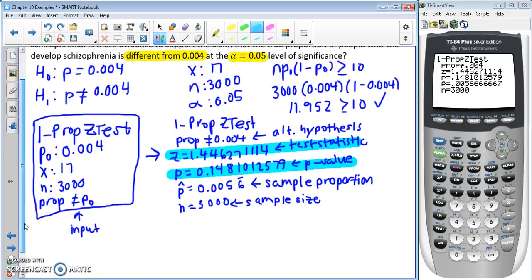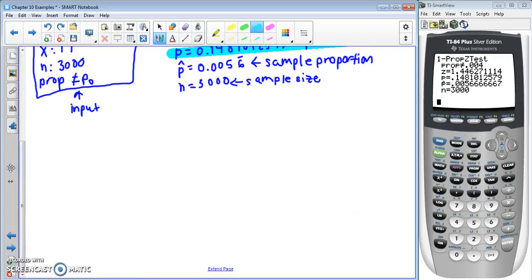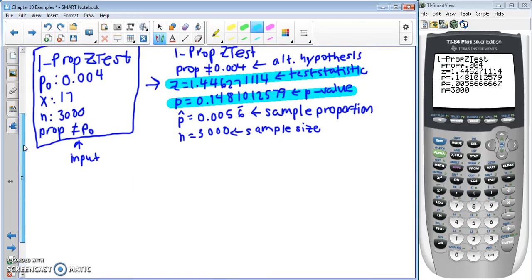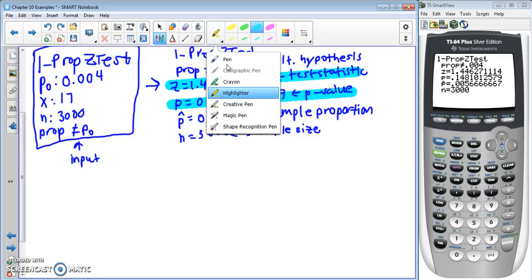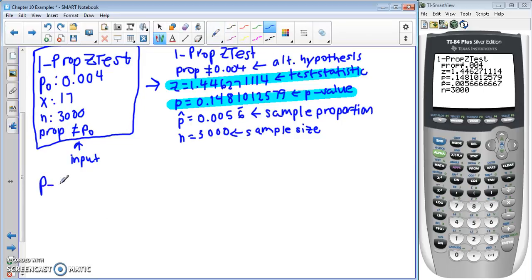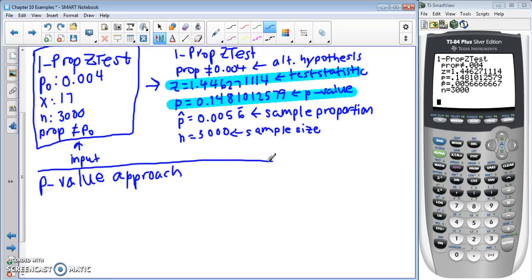So we're going to look at two different approaches here. Let's look at the p-value approach first. It's just a little bit easier here. So for the p-value approach, what we're going to do is compare the p-value to alpha.